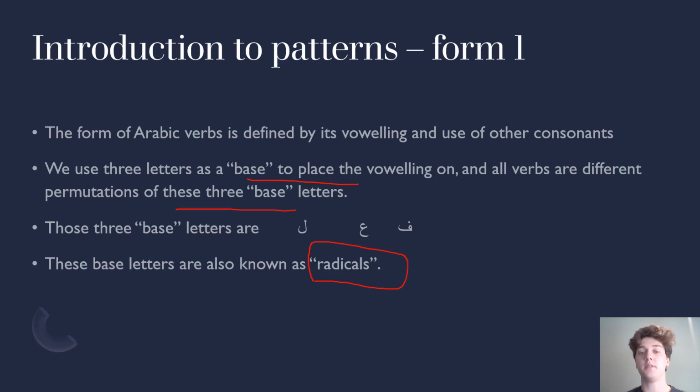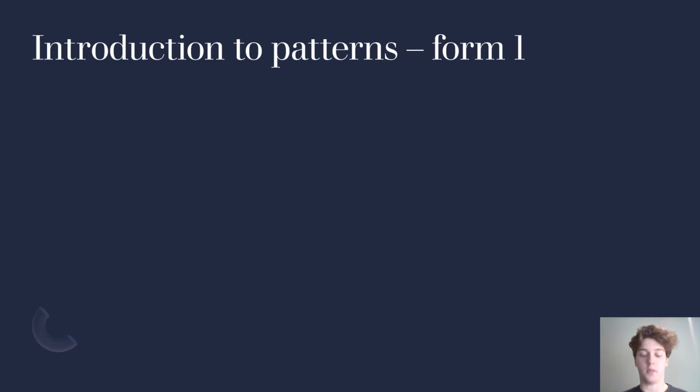And the reason we use these is because fa'ala means to do. So it's an easy way to sort of learn the rhythm, the wazn, which is the pattern of verbs, but you don't need to worry about that just yet. Just remember that you can learn a form by learning what consonants and what short vowels are around these 3 base letters. Now, we're going to start with form 1, like I said.